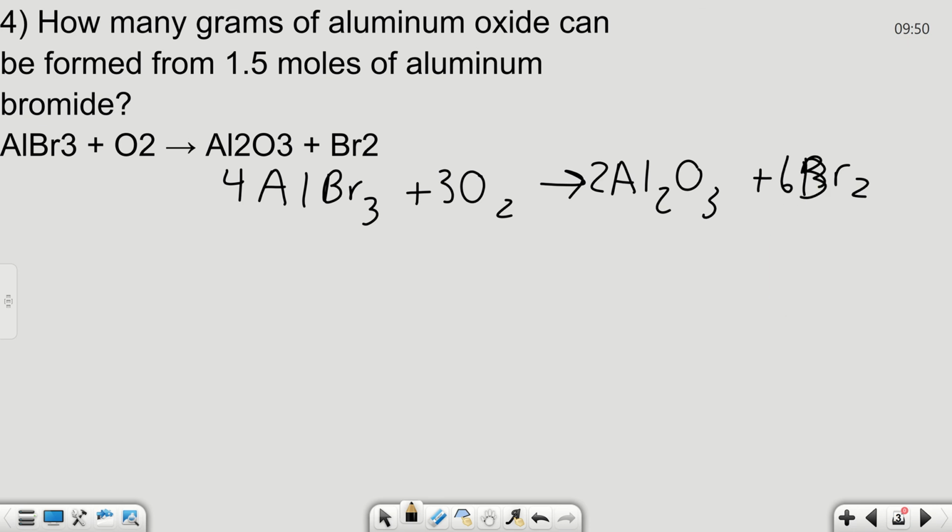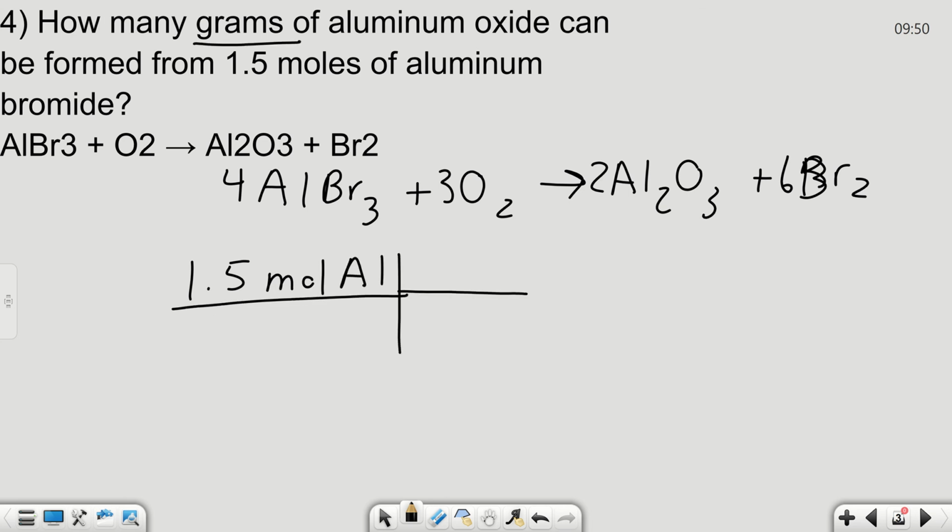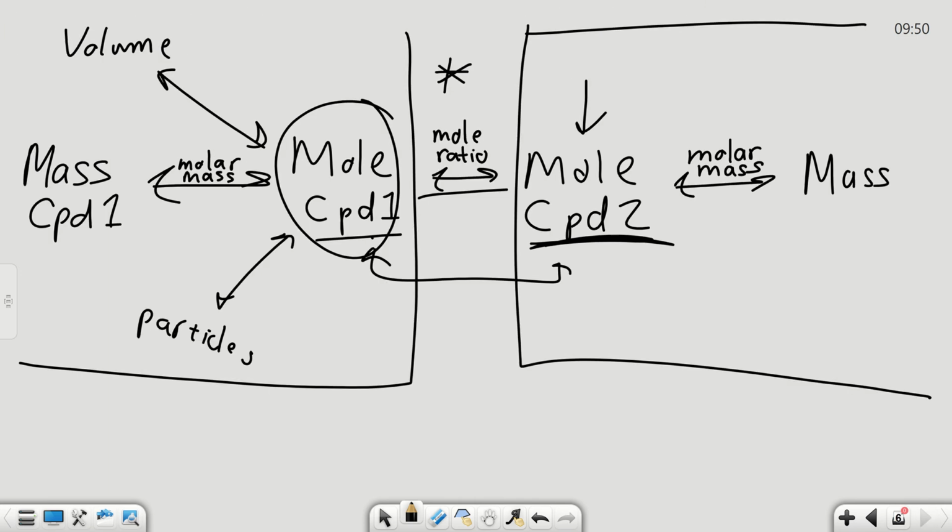All right. So if I look at this, I start with 1.5 moles of aluminum. Okay. I want to find grams of aluminum oxide. So on this one, basically what's happening is I'm starting with moles of compound 1, but I want mass of compound number 2. So what's that telling me I need to do?